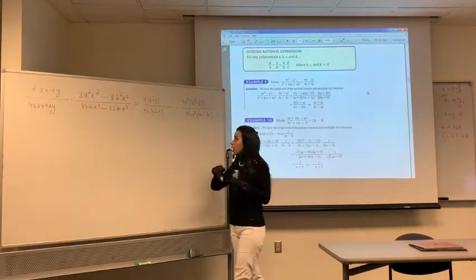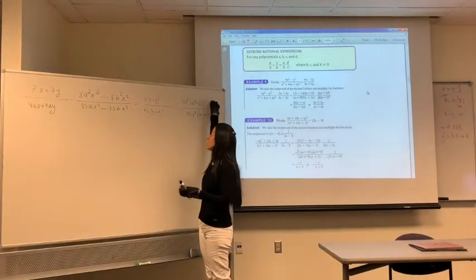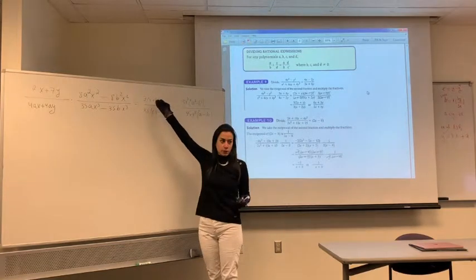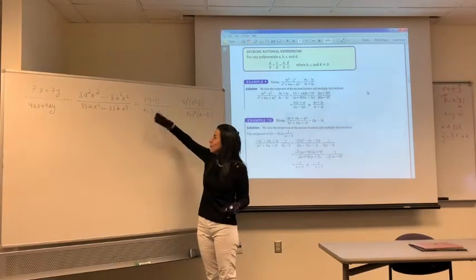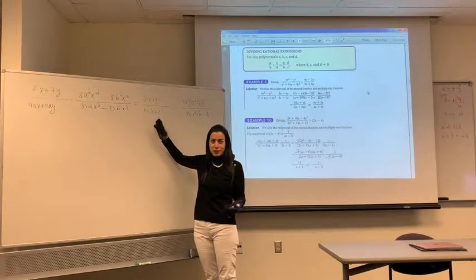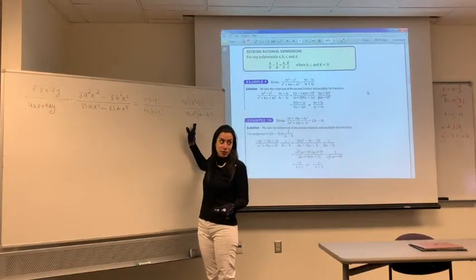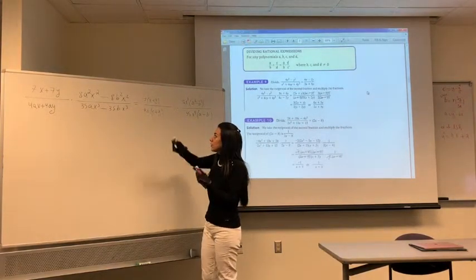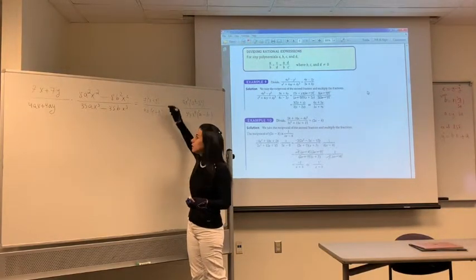Okay, so I can do one thing. I can put all of them in one whole fraction together, or I can cancel whatever common I see in this first fraction, right? And then whatever common I see in this second fraction, correct? So if I want to cancel, what will I cancel here? X plus y.